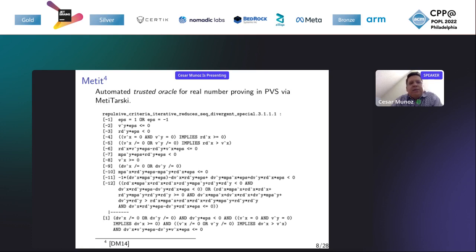I say untrusted, but untrusted from the point of view of the logic of PVS. I mean, I know that automated theorem provers are working on, and in particular in the case of MetiTarski, working on generating proof certificates, and if those proof certificates are generated, maybe we can have a trusted integration with PVS at some point.